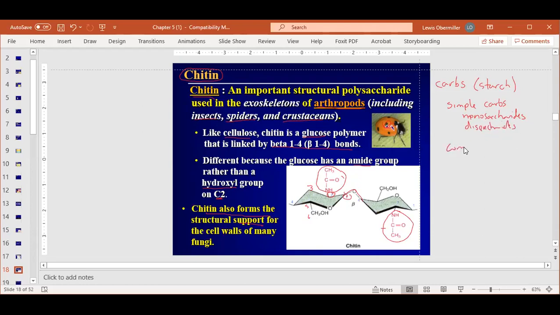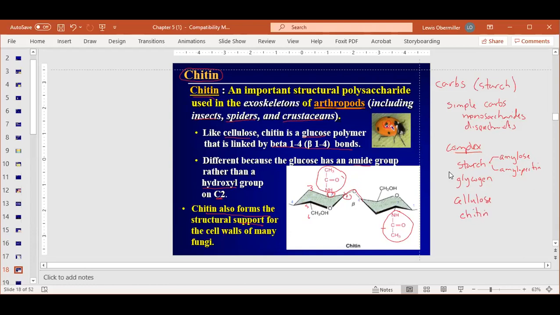And then we have the complex ones. In those complex carbs, we have the starch, and then we have glycogen, and in the starch we have amylose and amylopectin, and then we have cellulose, and we have chitin.